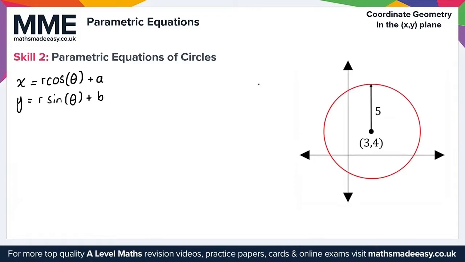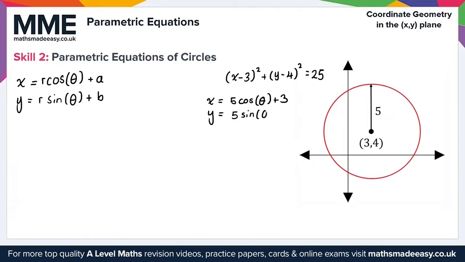Its Cartesian equation is (x minus 3) squared plus (y minus 4) squared, and that's equal to r squared, which is 25. In this case, it would have parametric equation x equals 5 cos theta plus 3, and y is equal to 5 sin theta plus 4.